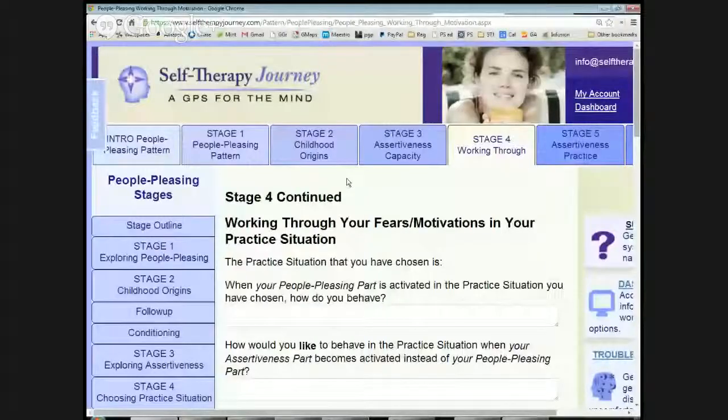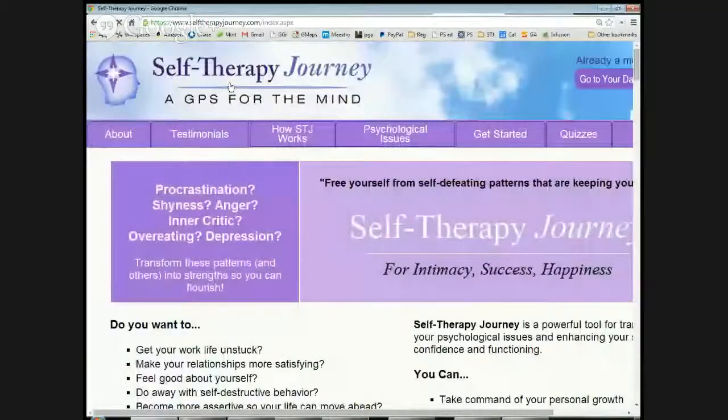Let's go back to screen sharing. And I'm actually going to go to the home page. Oops, this is a little large, isn't it? You can't actually see all of the home page for Self-Therapy Journey the way I've got it, but that probably is easier for you to see.